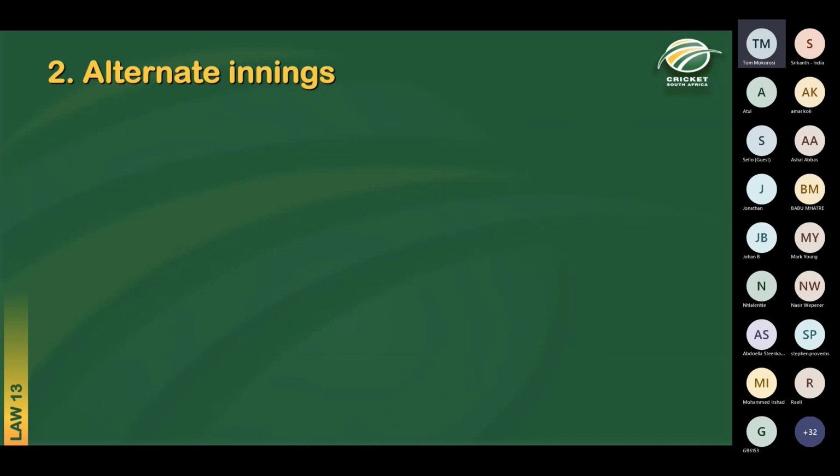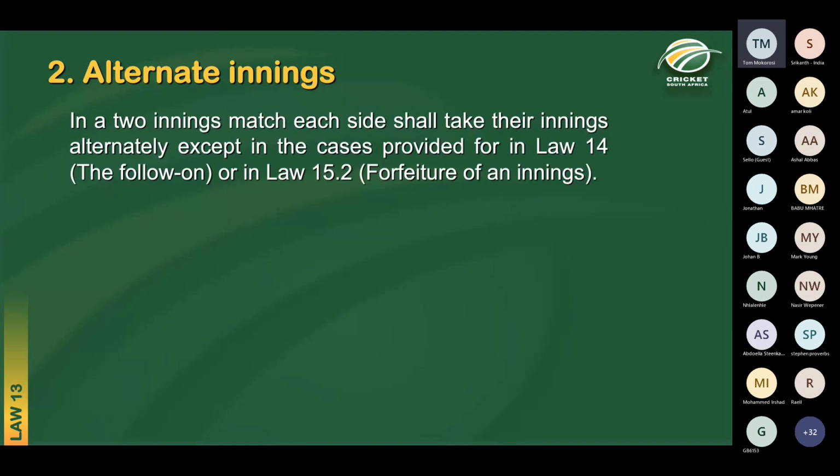And then, of course, the law will tell us about the alternation of innings. What does that mean? It means Team A bats first, and then Team B bats second. And then normally in a test match, Team A will bat again in the third innings of the match, and Team B will bat again in the fourth innings of the match.